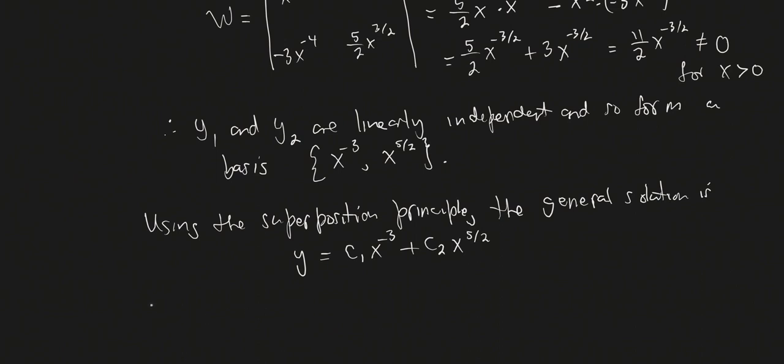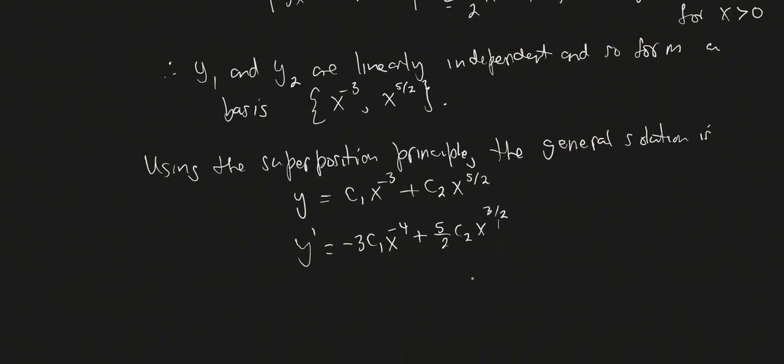So let's see. These are initial conditions, so we're going to need the first derivative. So let's find the first derivative and then apply the two conditions. The first derivative of this is negative 3c1 x to the negative 4, and then plus 5 halves c2 x to the 3 halves.